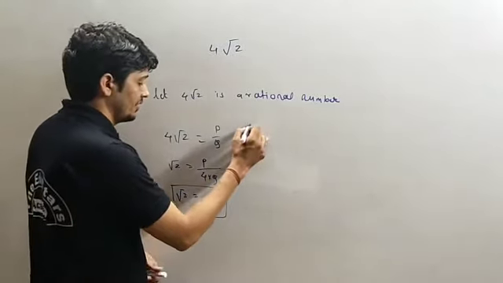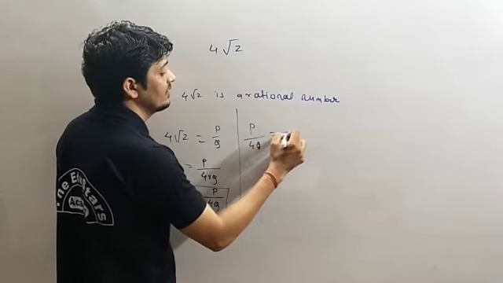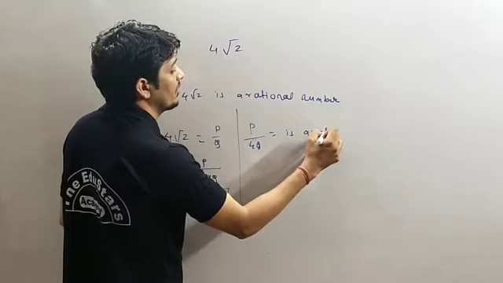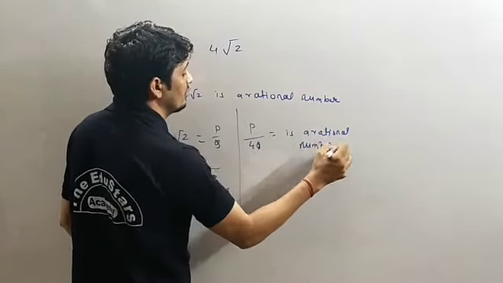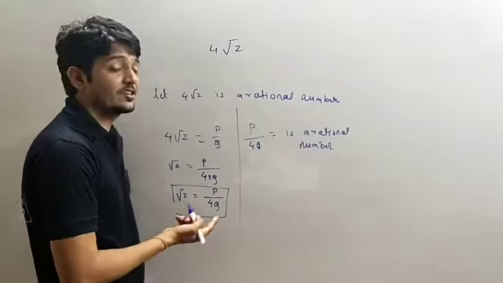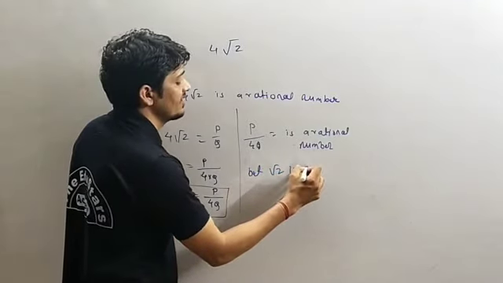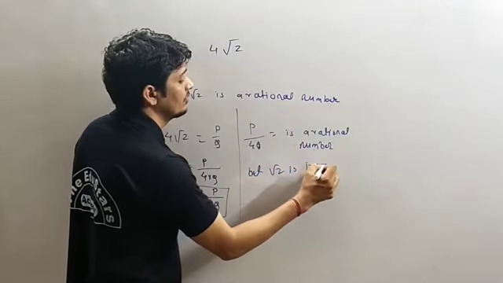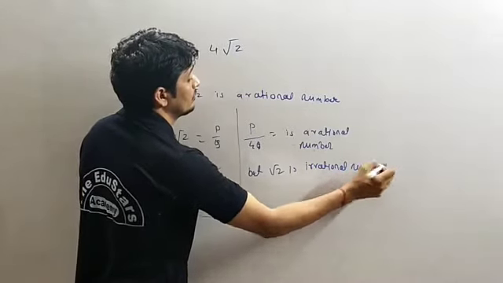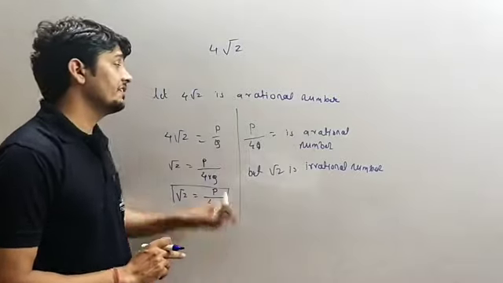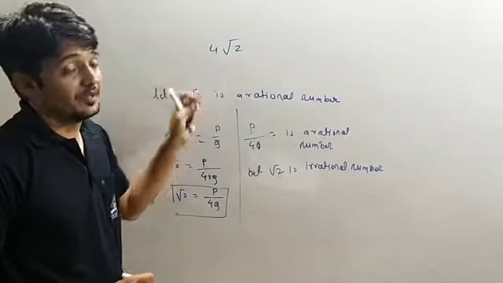Here p divided by 4q is a rational number, but root 2 is not a rational number; root 2 is an irrational number. That means if we have root 2, it is an irrational number.